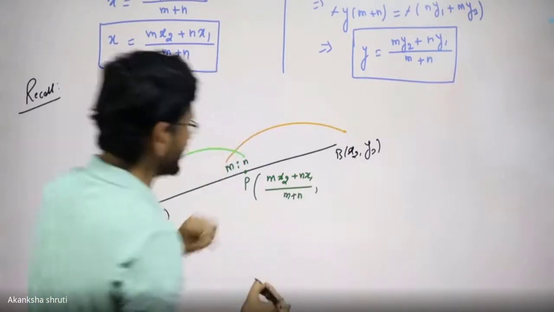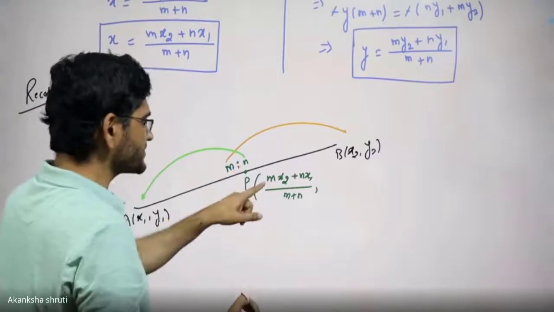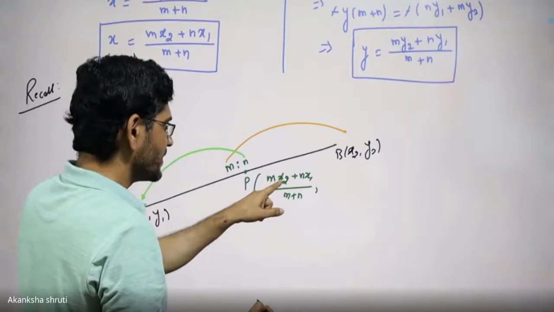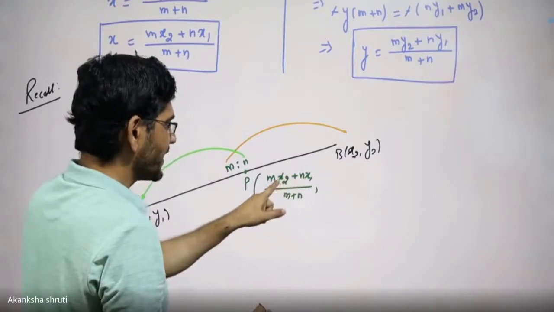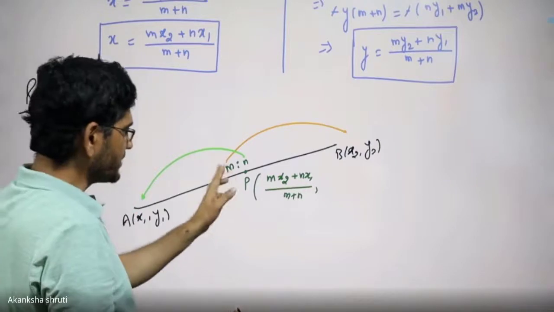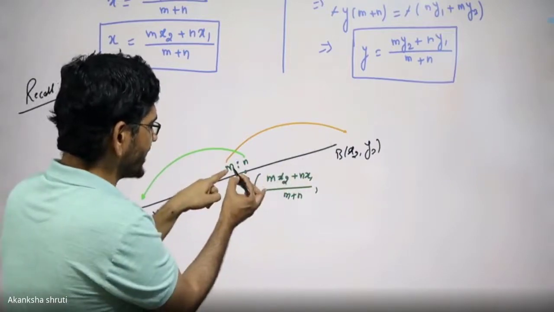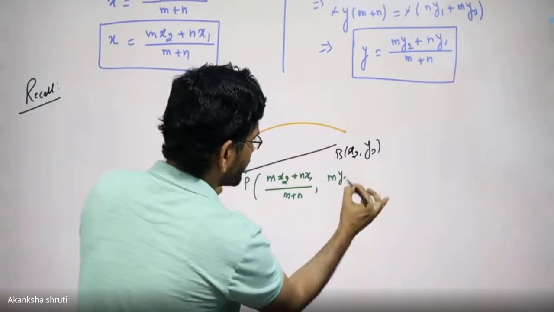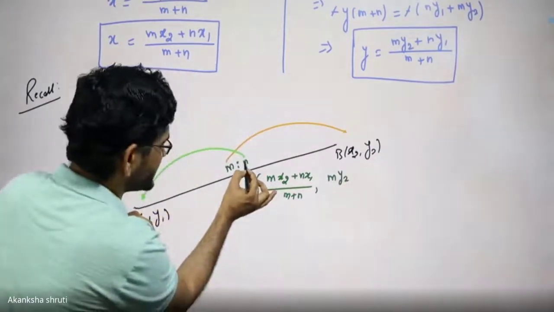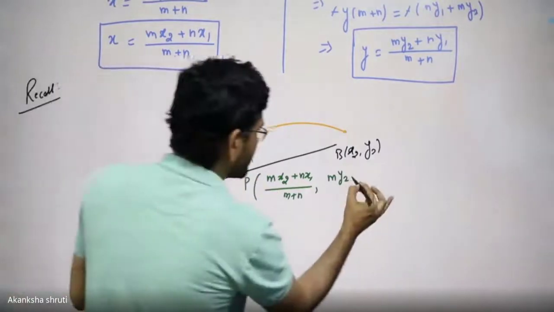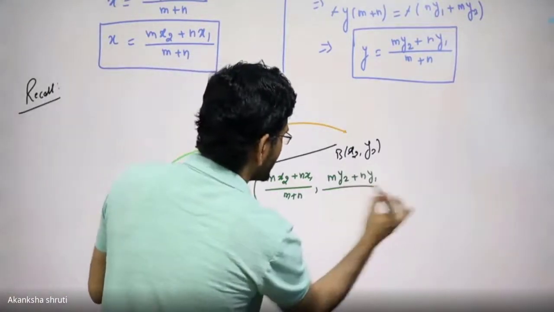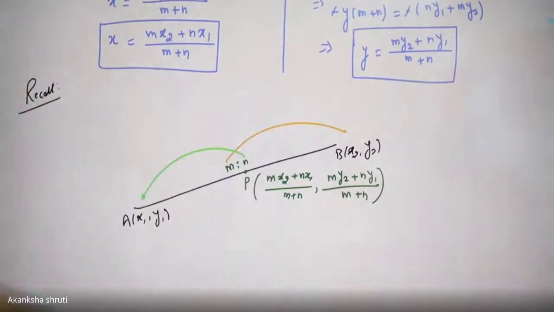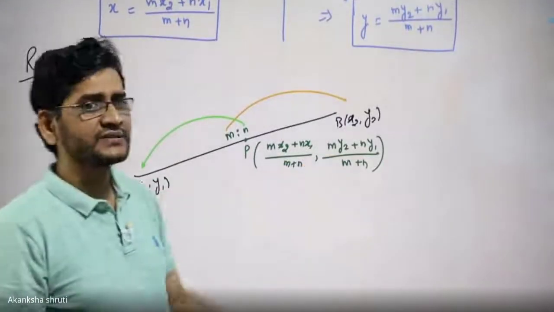This will be the x coordinate of P, and the y coordinate is similarly calculated by replacing x1 by y1 and x2 by y2. Or again, from this diagram we can write the y coordinate: start with m, go for y2 on the second side, then plus n y1, divided by m plus n. So the denominator remains the same. This way the coordinate of point P is calculated.